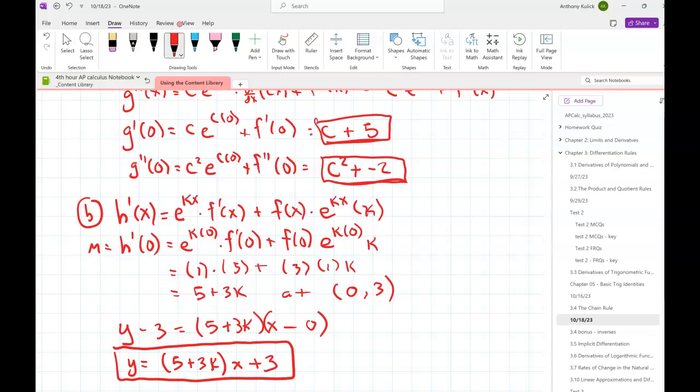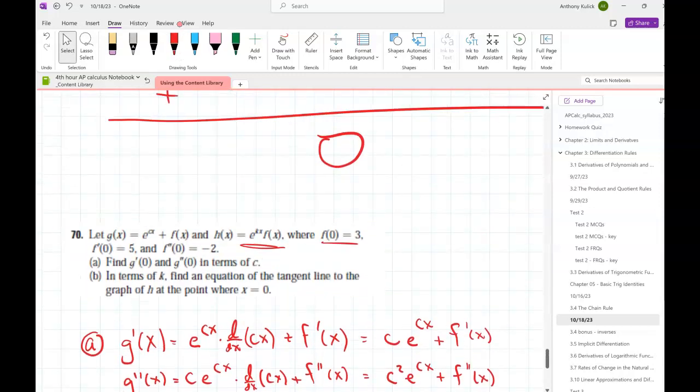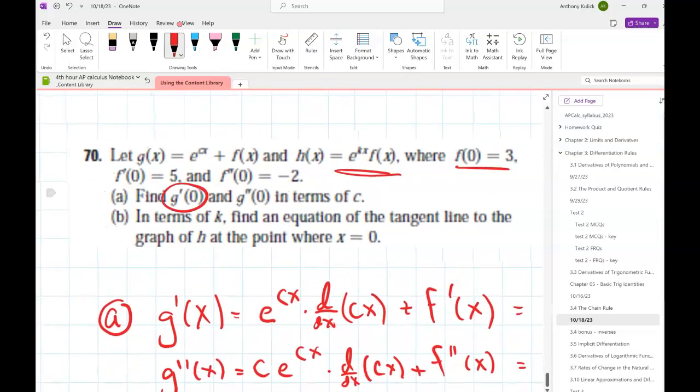Yeah. Again, whenever you see the k's and the c's and it feels weird, just treat them like a number, the same way you would a 2 or a 7 or a 9 or whatever. And the wording feels like a lot, but basically all I'm saying is, okay, g prime, I know how to do that, just taking the derivative and plugging in 0. g double prime of 0, just taking the derivative again and plugging in 0.